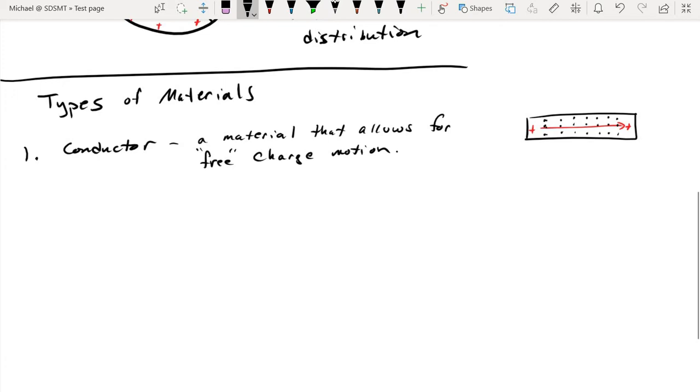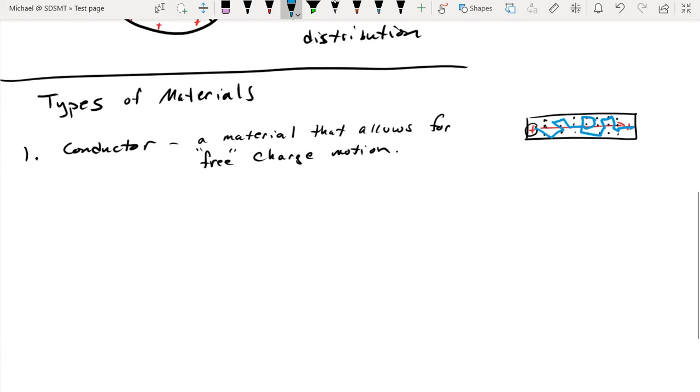That element is going to have a nucleus with electrons orbiting around it, and so having an individual charge trying to navigate this maze of other atoms, which are all surrounded by charges, this individual charge is not going to just travel through in a straight line. It's probably going to end up traveling through with a very randomized path, but it will eventually make its way to the other side.